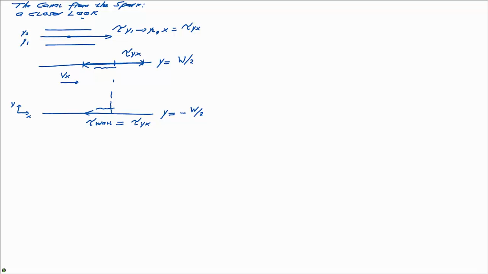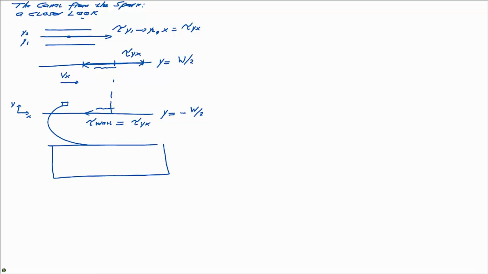And then question 513. Use a force balance over a tiny fluid element to find an expression for tau yx, assuming that a pressure drop is responsible for the flow in the canal. Okay, so let's take this tiny fluid element here and make it a little bit bigger.